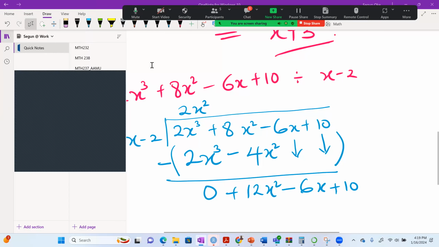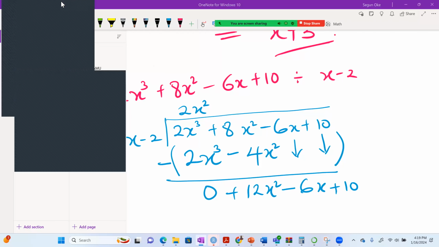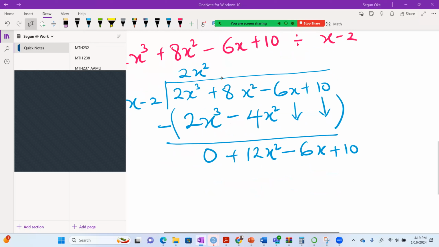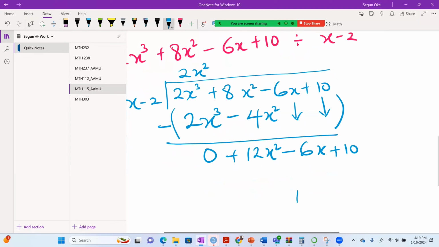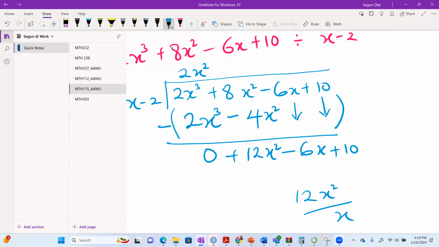So this is how it works. Look at it. Remember, x is not a value. So what you need to do is, if you look at this one, this is how it works. Now I have, all I need from here is pretty simple. I need to know this is 12x squared, right? And I want to see how many x can we get. Here is going to be x divided by x.